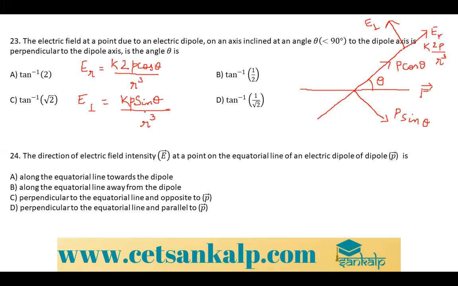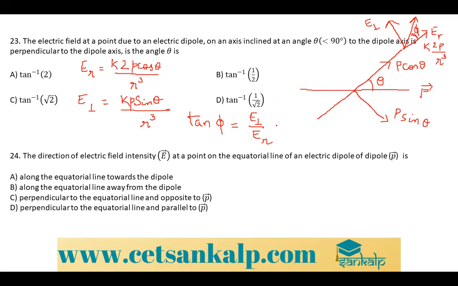Now I want to define, as you know, if these both are ER and E perpendicular, the angle formed by the resultant is phi. So I can now define tan phi, correct? So tan phi is equal to E perpendicular divided by E radial.